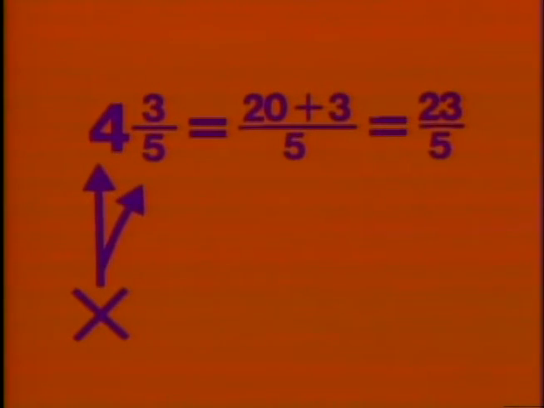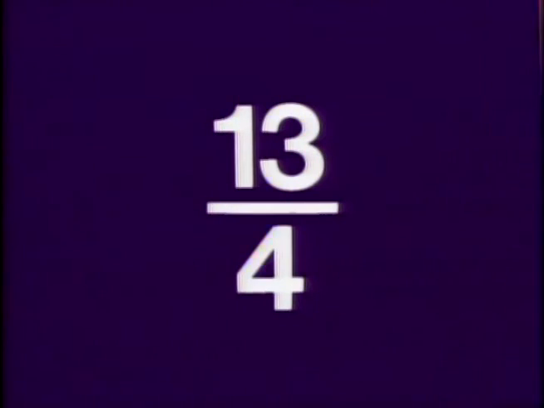Now that we can change mixed numbers to improper fractions, let's look at the reverse, changing improper fractions to mixed numbers. Let's change 13/4 to a mixed number. A fourth is a quarter, so imagine we actually have 13 quarters, American money.